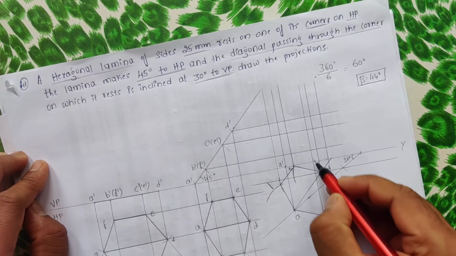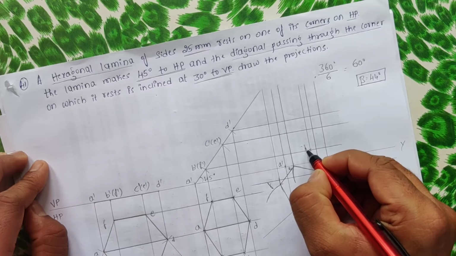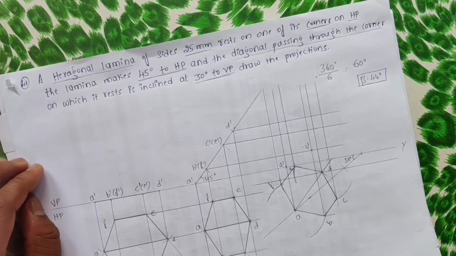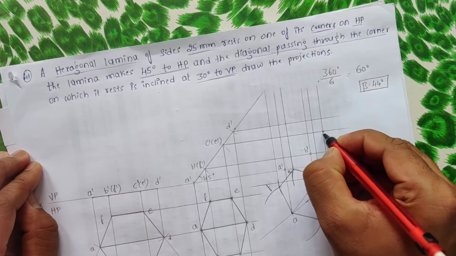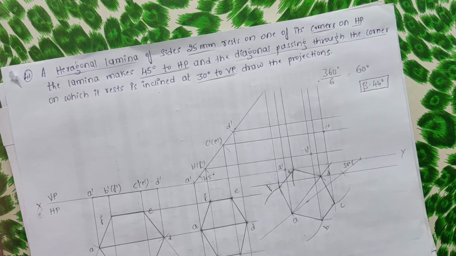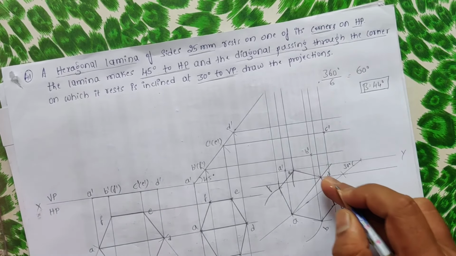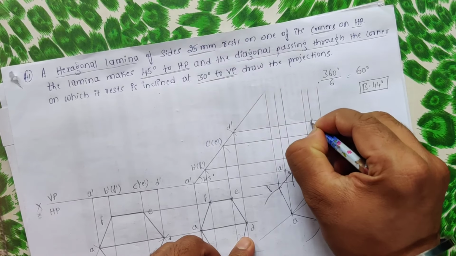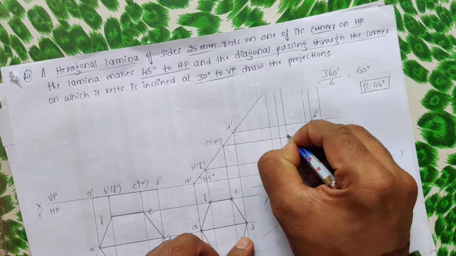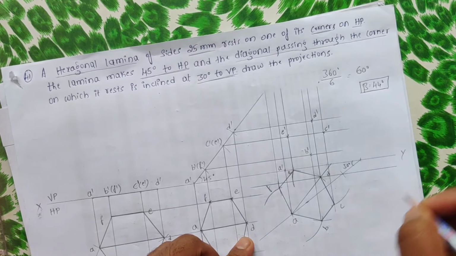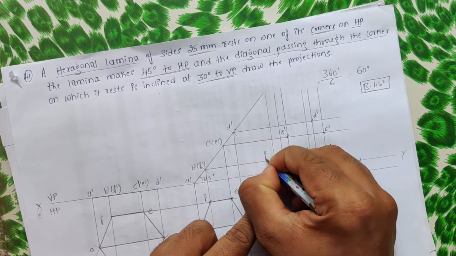Next, B and B are meeting here, so this will be my B dash. C and C are meeting here, so this will be my C dash, correct? D and D are meeting here, so this will be my D dash. E and E are meeting here, so this will be my E dash, and at last F and F are meeting here, so this will be my F dash.